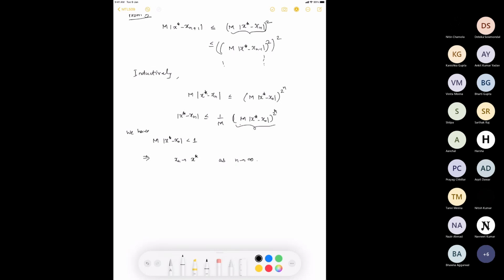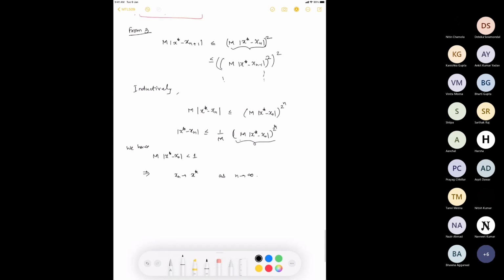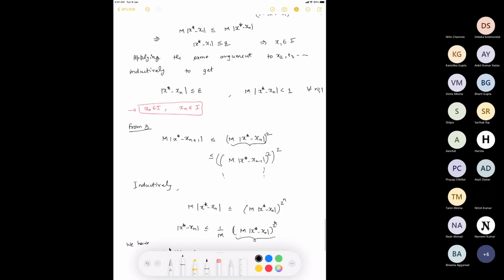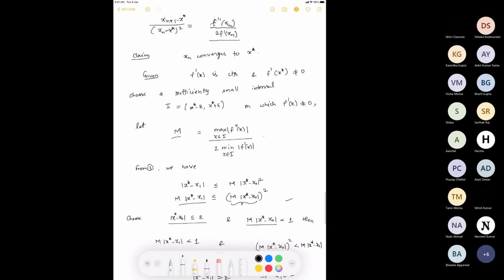Okay. So the convergence part is okay. So we got that if we start with a suitable x naught, then we will get a complete sequence. Suitable x naught meaning it is in the neighborhood of x star. Then we will get a complete sequence which will lie in that neighborhood. And in that neighborhood, we know that f prime of x is not equal to 0.